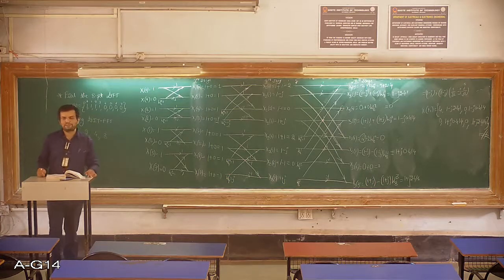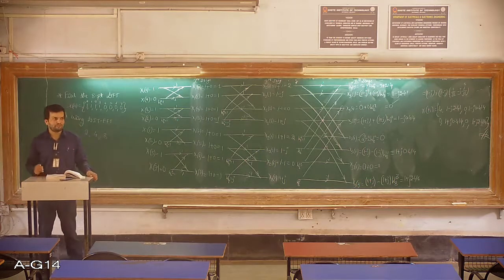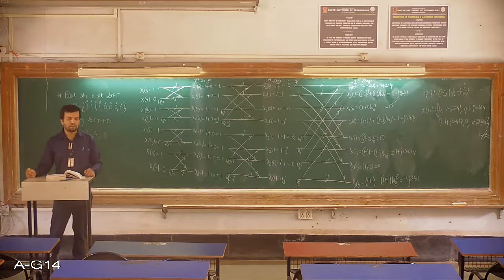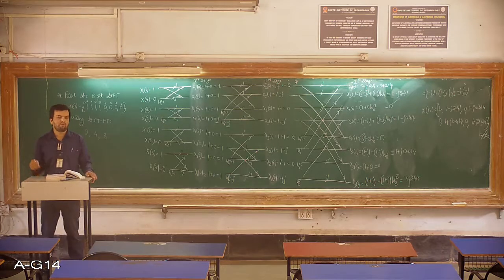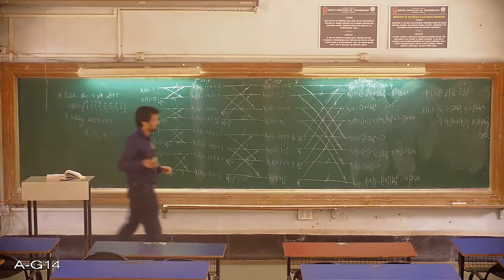Or else they will give you the two sequences. You have to compute the circular convolution first. We have solved so many numericals on the circular convolution. So once we solve the circular convolution, whatever the given answer, we have to apply the DIT-FFT algorithm. Just try one numerical as a homework.